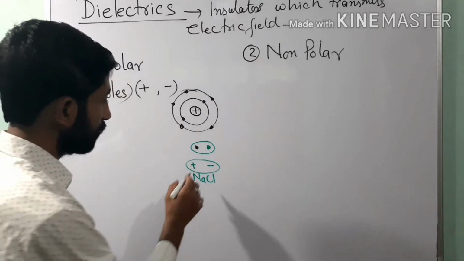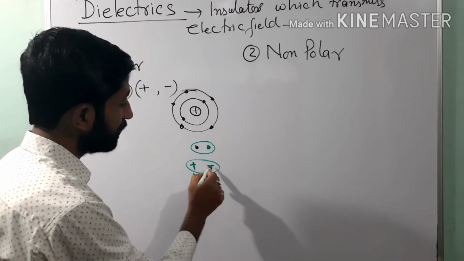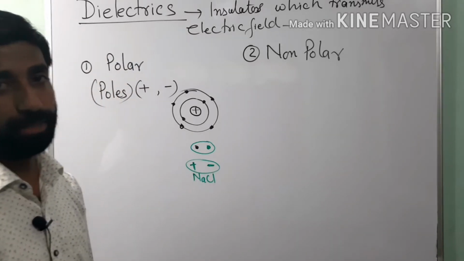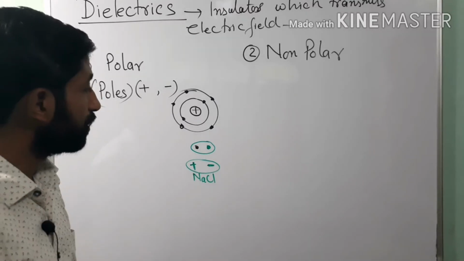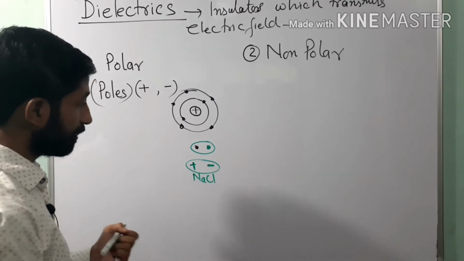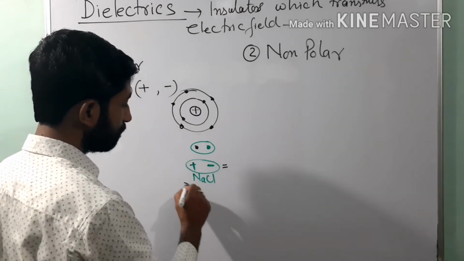So this is sodium, the center of the positive charge, and this is the center of the negative charge. They are separated by a very small distance. Then this molecule has its own dipole moment.